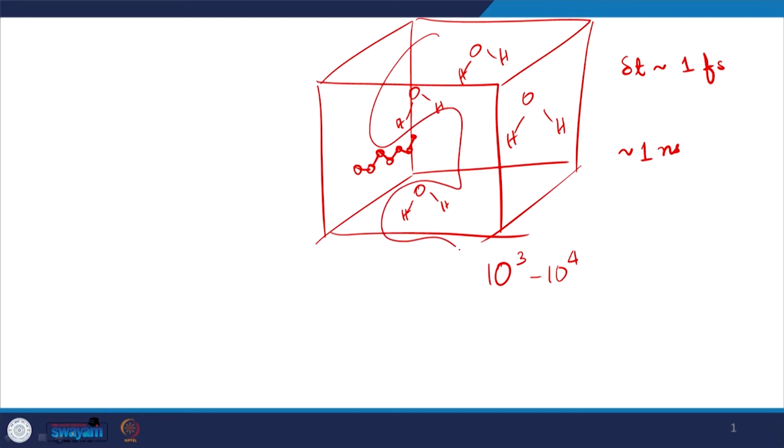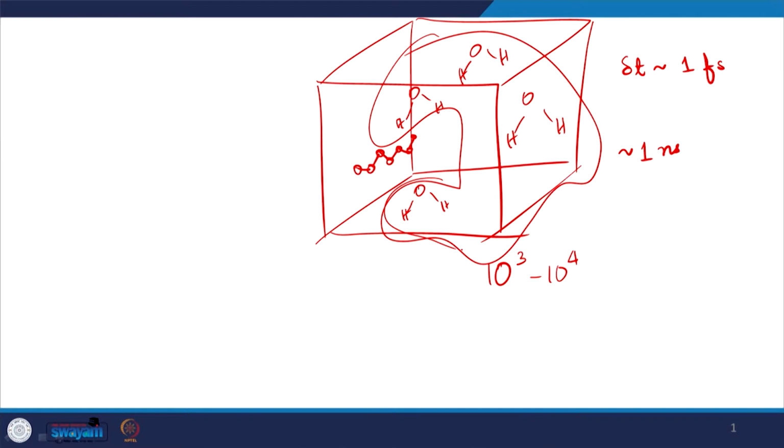So one of the ways that we can think about addressing this problem is, why not simply take all the solvent molecules out of the box? We just consider the compound that is being considered, because ultimately we are interested in that only. That we could have done if the solvent was not playing any role in the interactions between the compound in question.